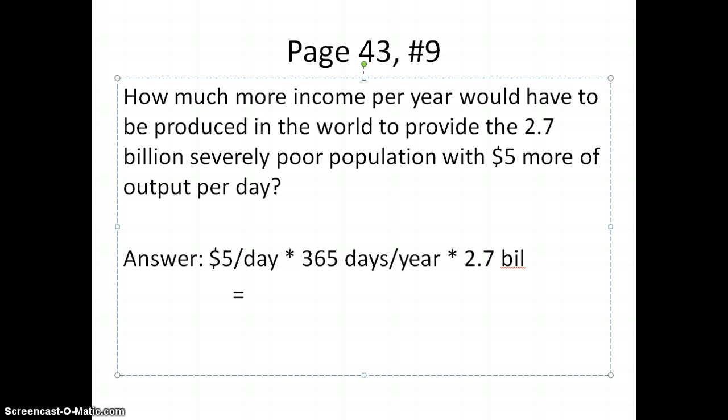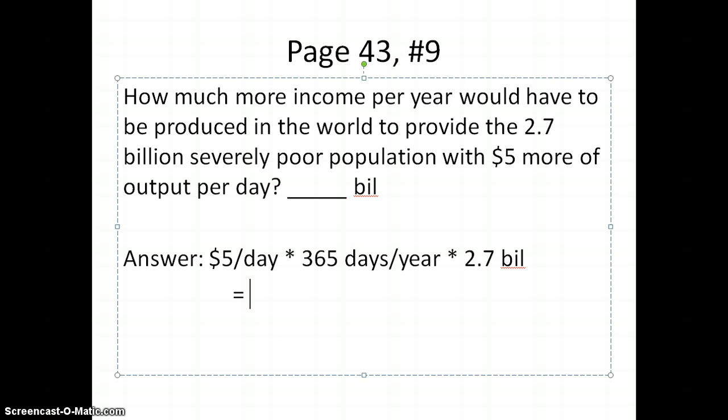So we're going to multiply 5 times 365 times 2.7, and we're going to leave the billion alone because the example I have it written in Canvas where I just want you to put in the number with billion as a blank. So it looks something like this, and you just need to fill in what number goes there. So I'm going to leave the billion alone.